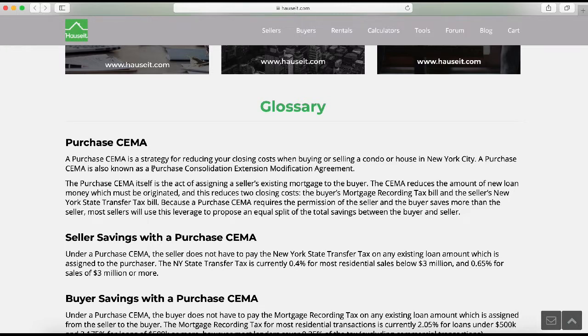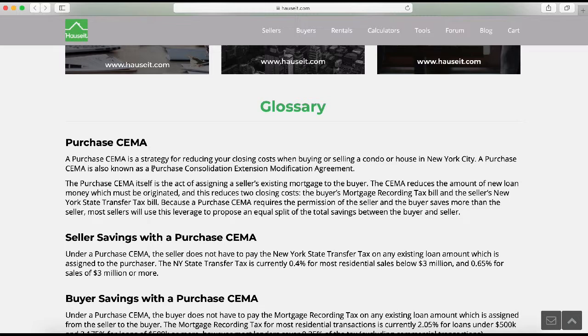And because the buyer gets some of the existing loan balance, it means that the buyer's lender has to underwrite a smaller amount for the new mortgage. So it doesn't change the amount that the buyer's financing, it just changes the amount of new loan that is originated to facilitate the deal.